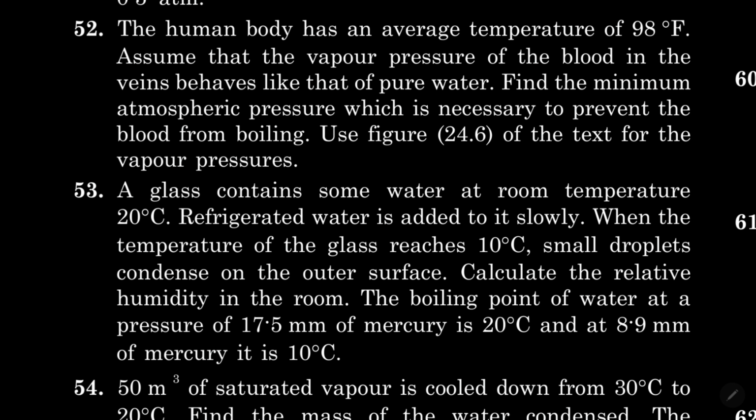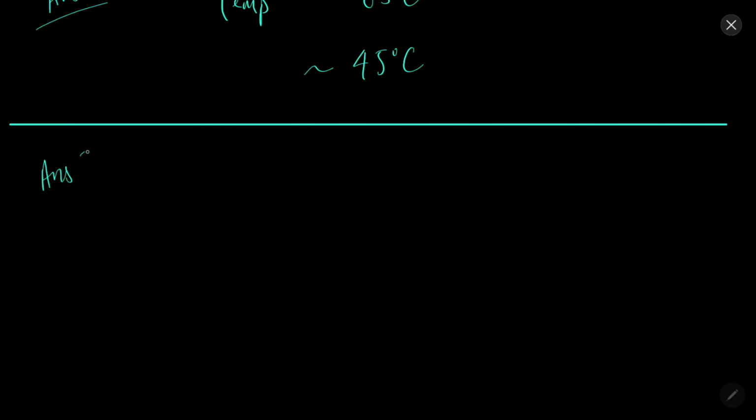In question 52, human body has average temperature of 98 degrees Fahrenheit. We need to find the minimum atmospheric pressure which is necessary to prevent the blood from boiling. Solution 52. So 98 degrees Fahrenheit means 37 degrees Celsius approximately.